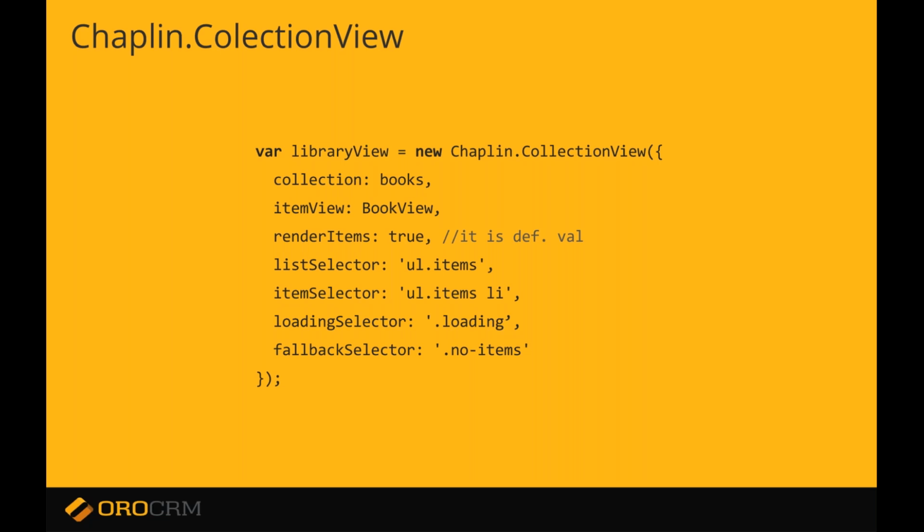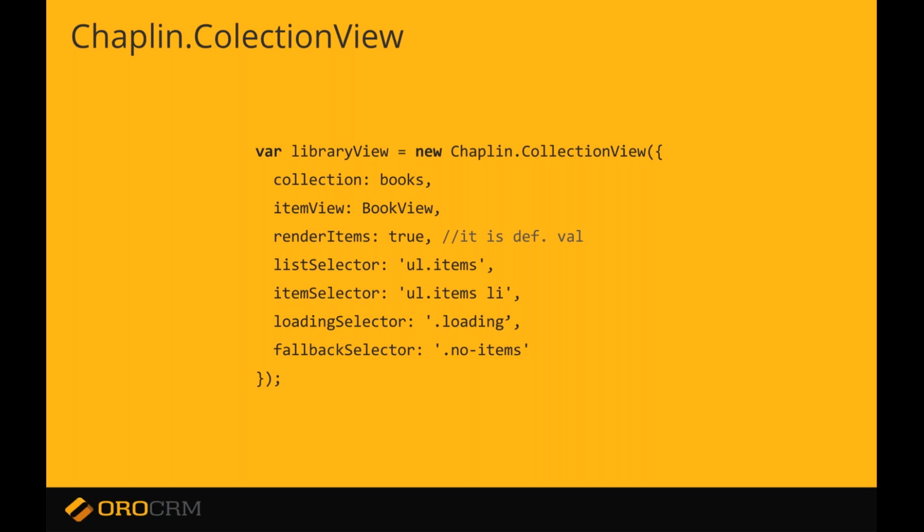We just can instantiate standard Chaplin collection view and provide some declaration of options, and it will work from the box.